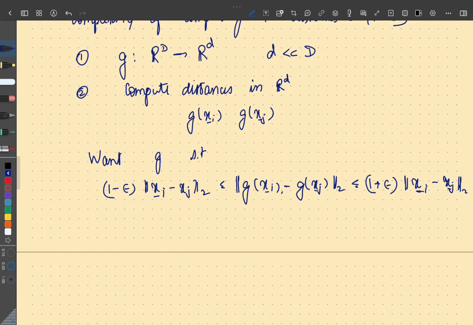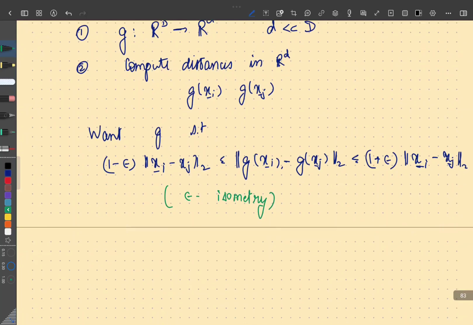Such a map is called an epsilon isometry. An isometry is basically a map that preserves pairwise distances. Here we are relaxing this constraint. We only want to approximately make sure that the pairwise distances are preserved.